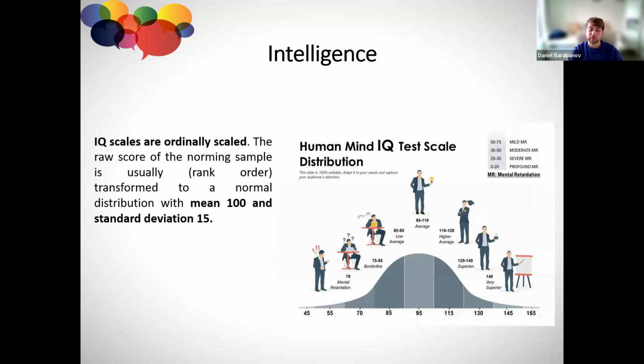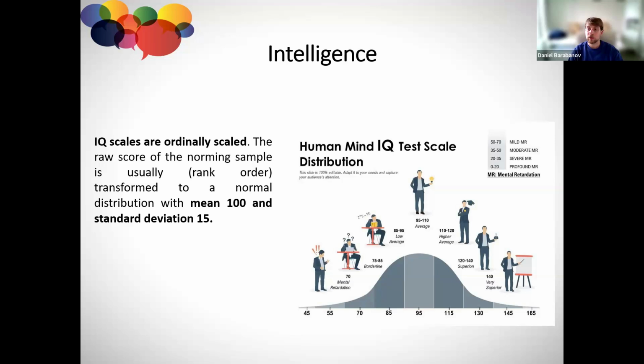It means that the average is 100, the standard deviation is 15, so 66% of people have a score of the mean plus or minus 1 standard deviation. It means that 66% of people have an IQ in the range from 85 to 115. This is considered to be a normal average IQ.